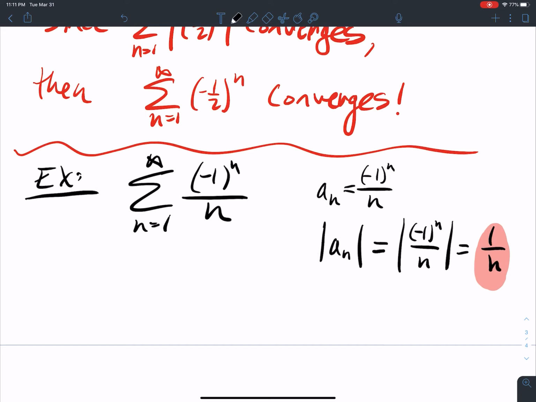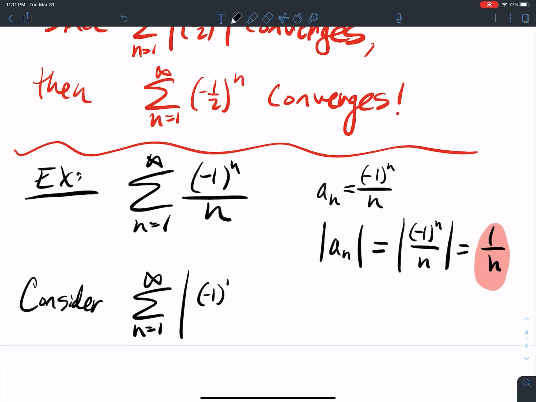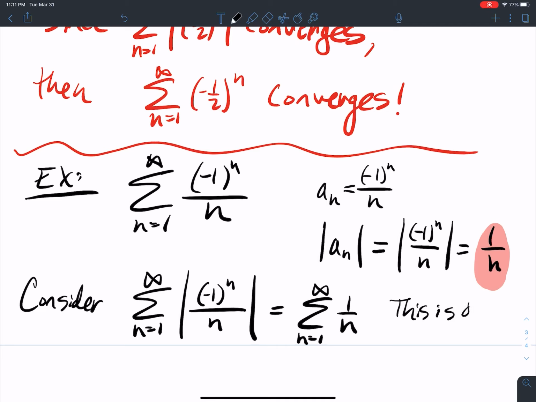So now we're going to consider the series n equals 1 to infinity, the absolute value of (-1)^n over n. What does this equal? It equals the series n from 1 to infinity of 1 over n. This is divergent. Why?